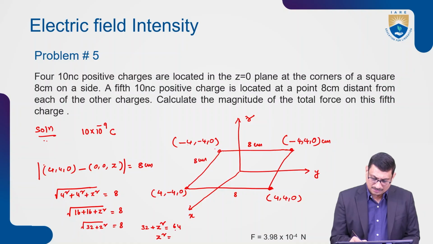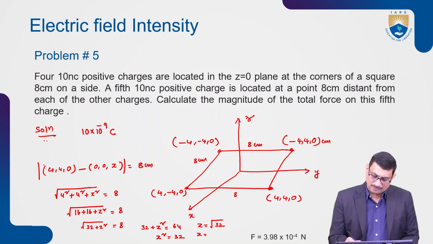Or z squared is equal to 64 minus 32, which is 32, or z is equal to the square root of 32, or I can write 16 into 2, and 16 is nothing but 4, so z is 4 into root 2.